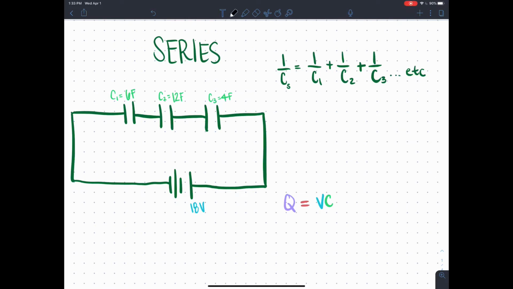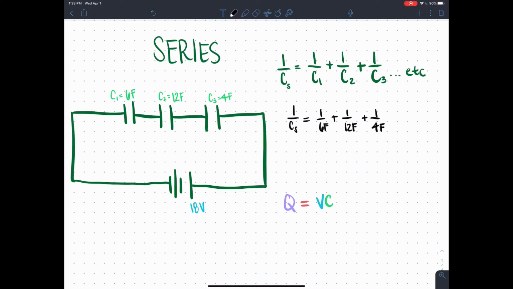Let's look at this first example here. We have 1 over the capacitance, which will be our total capacitance for the whole circuit, equal to 1 over the first capacitor, which is 6 farads, plus 1 over the second one, which is 12 farads, plus 1 over the third one, which is 4 farads.